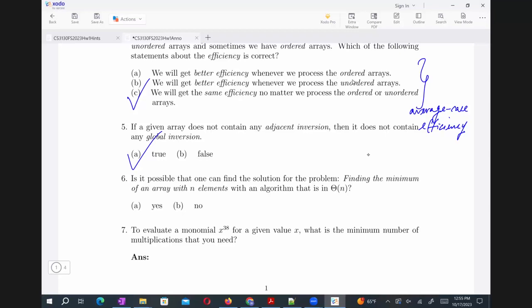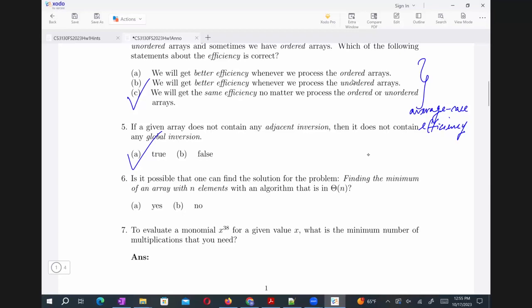Adjacent. If you just go by logic, you may get the intuition that it may not be true, because no adjacent inversion may not imply no global inversion, right? Those are two different things. How can you equate those two things? But in the context, no adjacent inversions means the data is ordered.